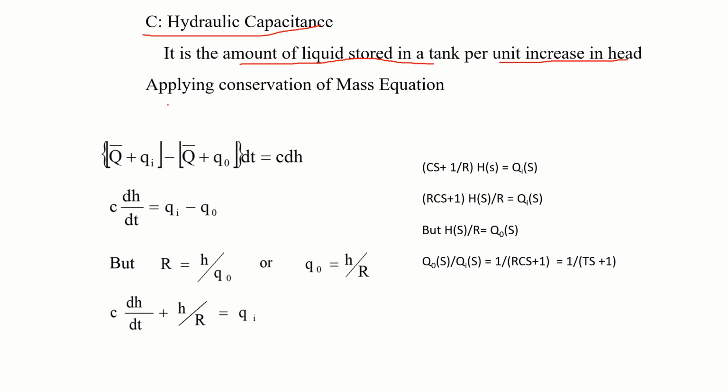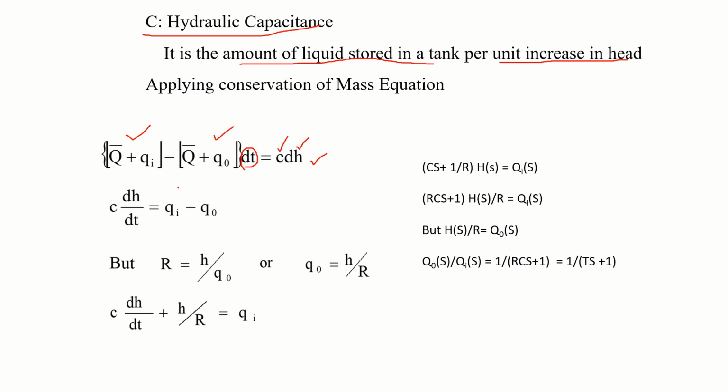So now, applying conservation of mass equation, inflow rate minus outflow rate, say for a small time dt, then C is the amount of liquid stored per unit increase in head. During dt time, let us say increase in head is dH. So inflow rate minus outflow rate into time is equal to liquid stored.